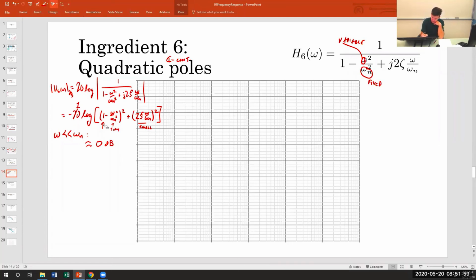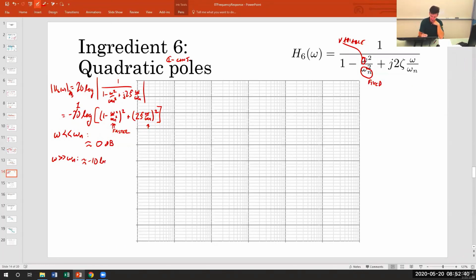Let's flip the script and talk about what happens when omega is much, much larger than omega n. Okay, so now this and this grow, but this one grows faster, or grows bigger for any given change in omega. You get a much faster or larger growth on this term than you do in this term. So if we're just looking at one term to dominate, it's going to be this one. Okay, so then we're looking at, what does this look like?